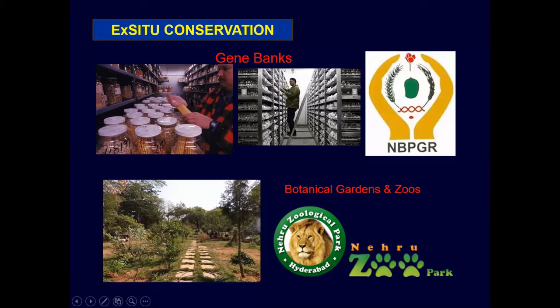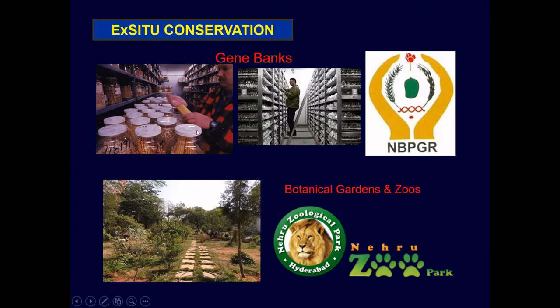In germplasm banks, plant genetic resources like pollen, seeds, branches, or bulbs, or tissues, and animal genetic materials such as sperms, oocytes, embryos, and somatic cells are preserved at ultra low temperature, in liquid nitrogen, at minus 196 degrees. So in these gene banks, they are stored.